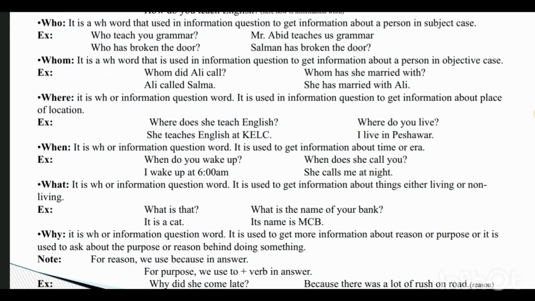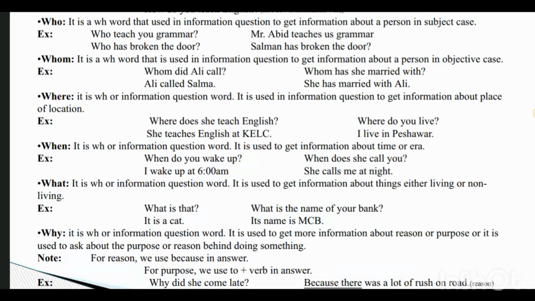Now why. Why is a WH or information question word. It is used to get more information about a reason or purpose, or to ask about the purpose or reason behind doing something. For reasons we use because in the answer.